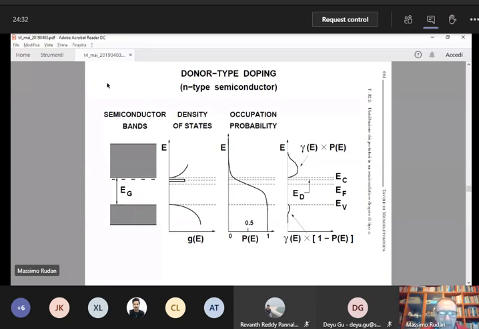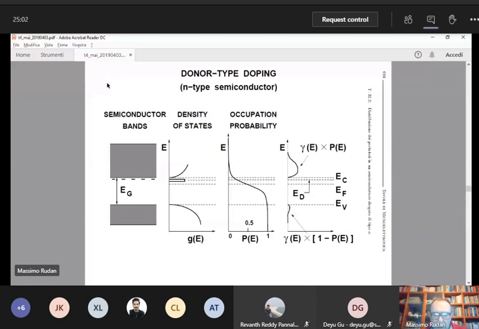And the height in the horizontal direction depends on how many donor atoms we have in the semiconductor, okay? So it is intuitive that if we have to make some calculation involving that density of states, then we'll transform it into a delta function to ease the calculation.